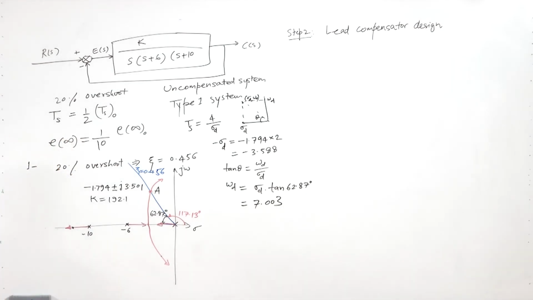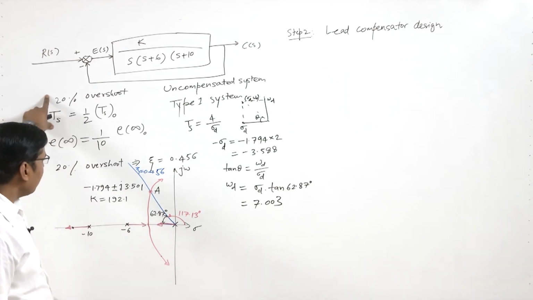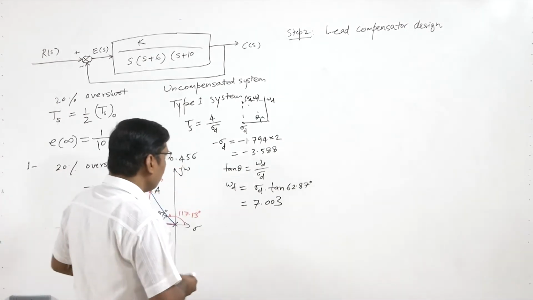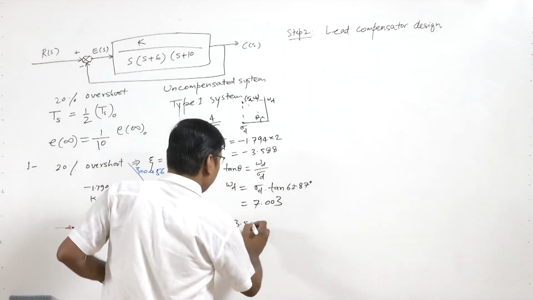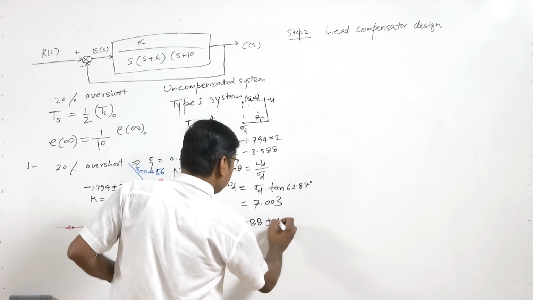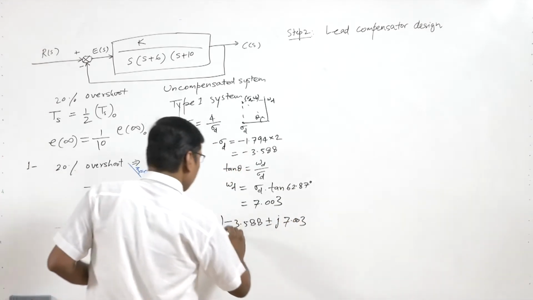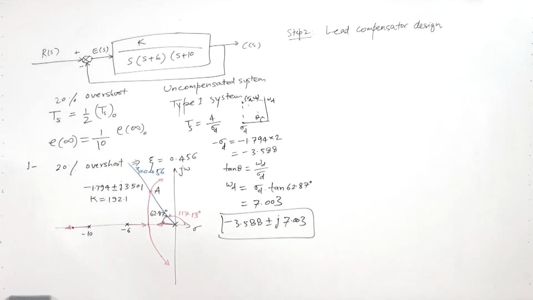So to obtain this transient response condition with 20% overshoot and half the settling time, we must obtain the pole location at minus 3.588 plus minus j 7.003. So this is our required design condition. So the dominant pole must be here. So this is the design point.